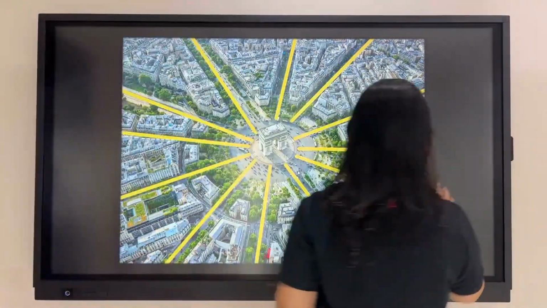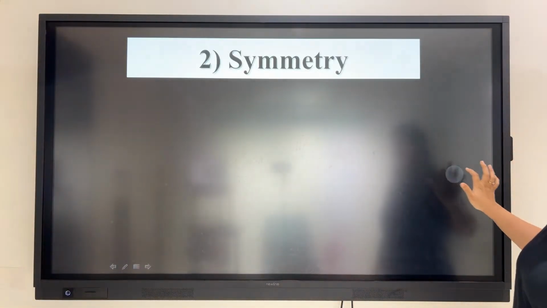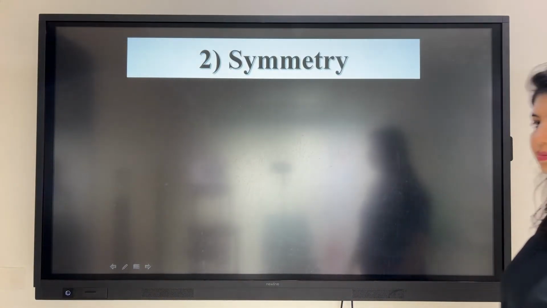Okay, so this is the radial one. Axis is different. Now next is symmetry.